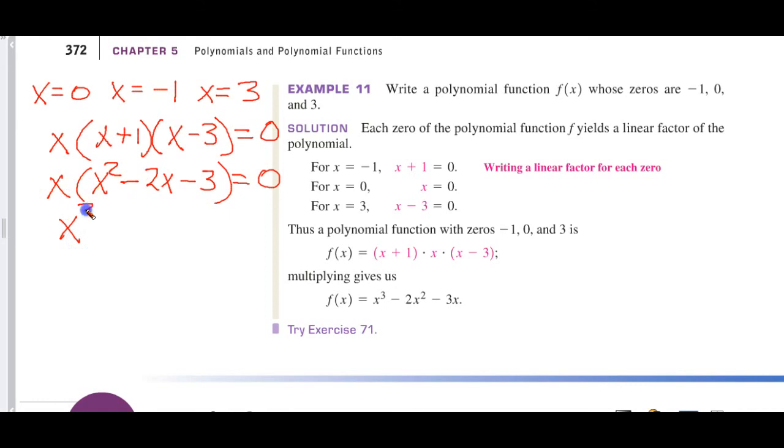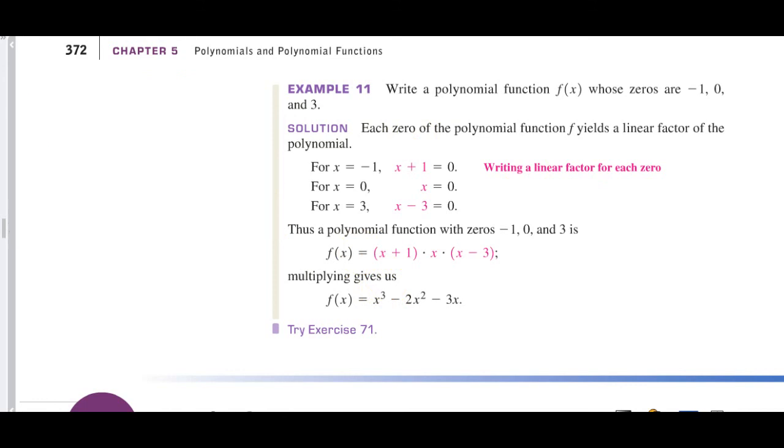So I get x to the third minus 2x squared minus 3x equals 0. And then in function notation, I would take this away and just put f of x there. Okay? They have it worked out for you here. This is the strategy.